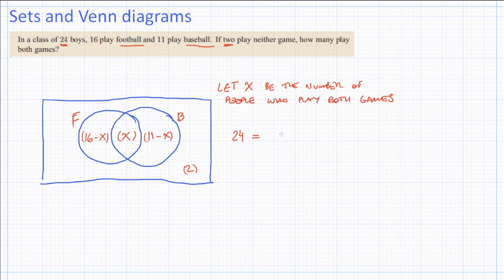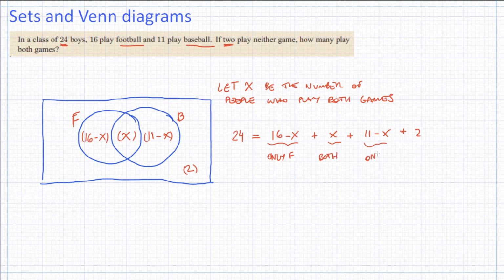So it should be 16 minus X plus X plus 11 minus X, and plus 2. So this is only football, right? It's only F. This is both sports.